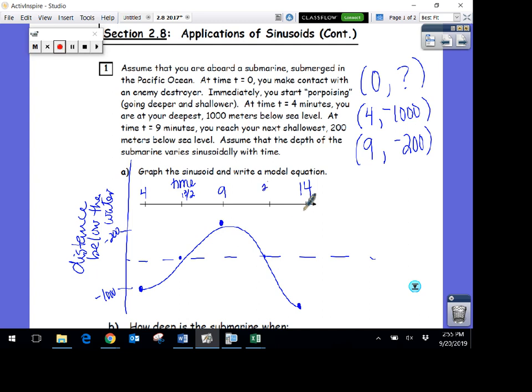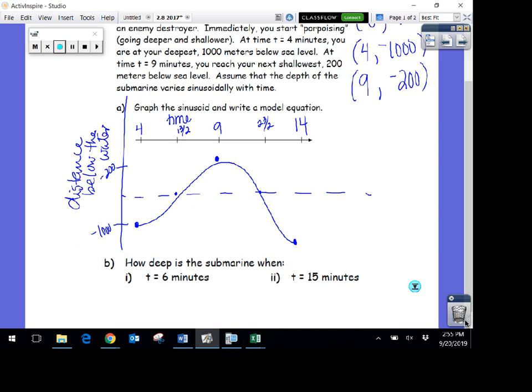We have 23 over 2 for 11.5. If you have a calculator, add and divide by 2. Don't mess up on that when you have a calculator. Add and divide by 2. Negative 1,000 plus negative 200, negative 1,200 divided by 2, negative 600.